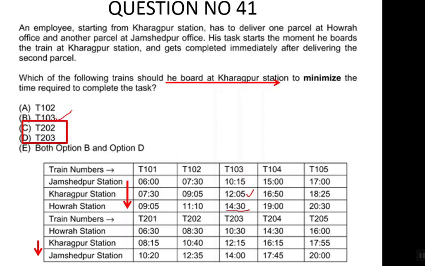So he will be coming back to Howrah station at exactly 4 o'clock, and surprise, there is a train waiting for him at 4 o'clock, so he won't be wasting a single second in boarding that train. That means this will be a perfect solution to the problem. So the answer to this question should be option B, where he is boarding train number T103 and later boarding train 205 to complete his task.